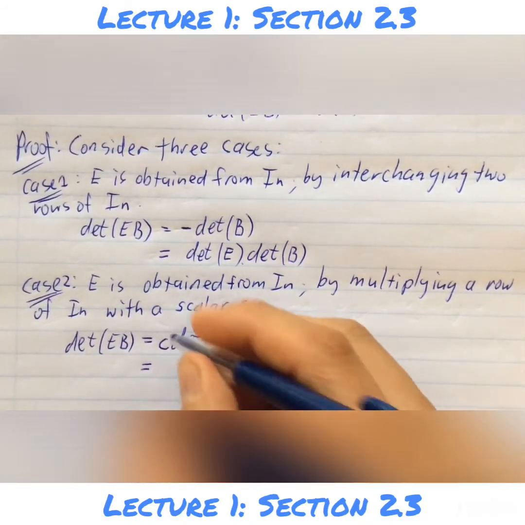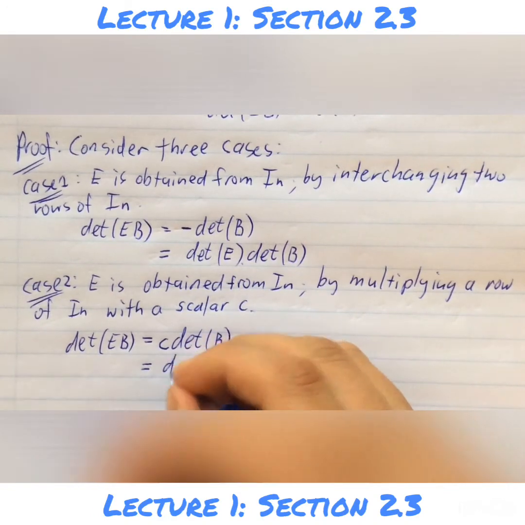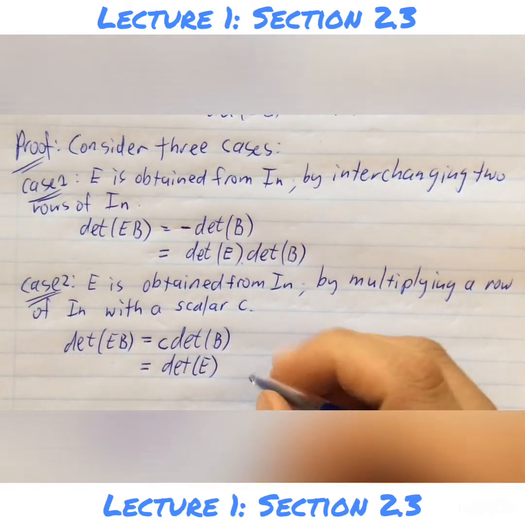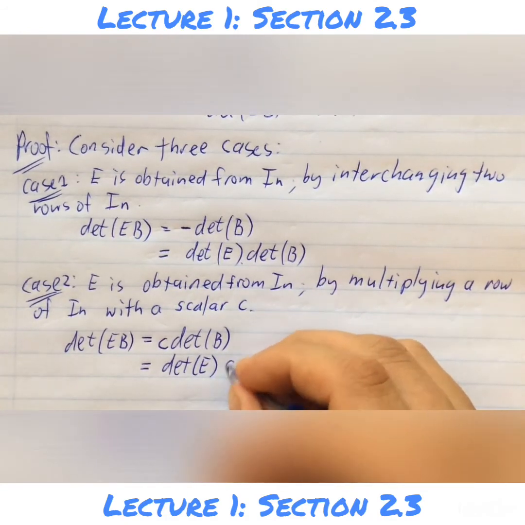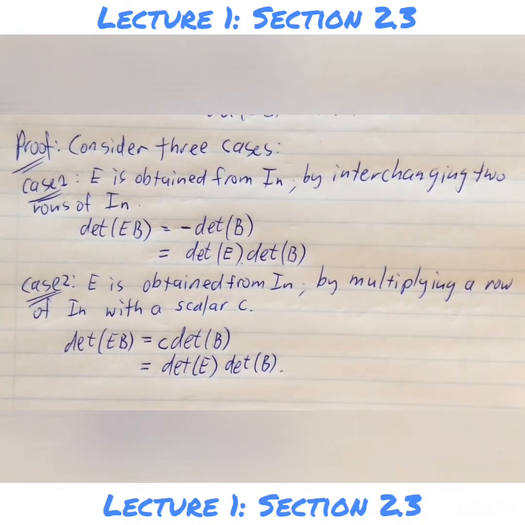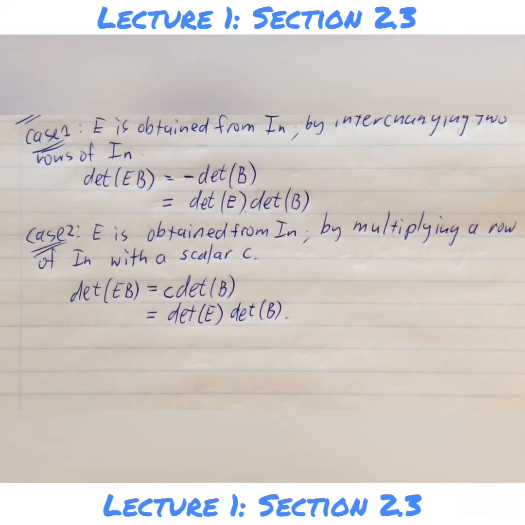And we can simply replace C with the determinant of E, because E is going to be an upper triangular matrix, and we know what the determinant of an upper triangular matrix is. It's going to be C in this case.